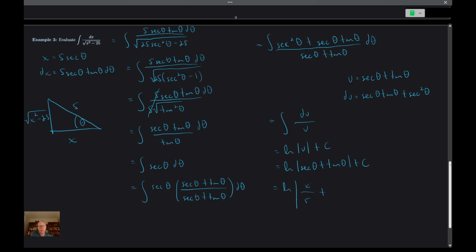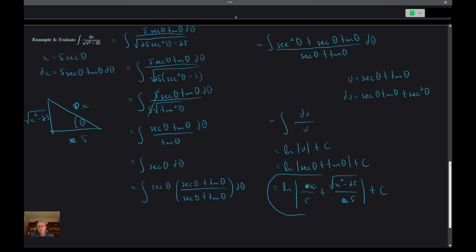Tangent theta is opposite over adjacent, so that is √(x² minus 25) over... let's see. Did I do that right? I did that wrong. Hypotenuse should be x, and the adjacent should be 5. So this is still x over 5, that one's right, but the tangent should be over 5. Yeah, okay, that was the only place I messed up.